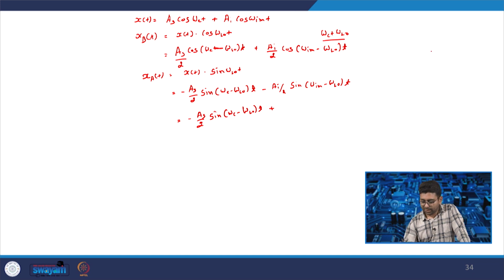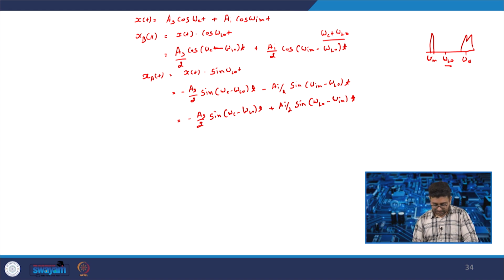Because this is your omega LO, and here you have omega im, and here your desired signal, that is omega c. So, your omega LO is higher compared to omega im. So, we can write Ai by 2. This minus will be plus sin (omega LO minus omega im) t.